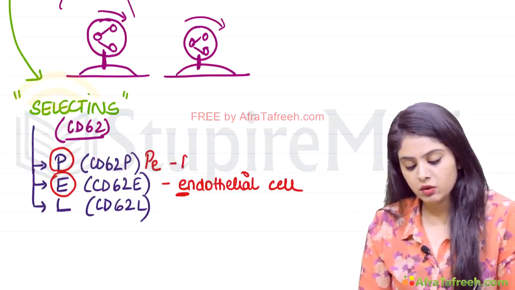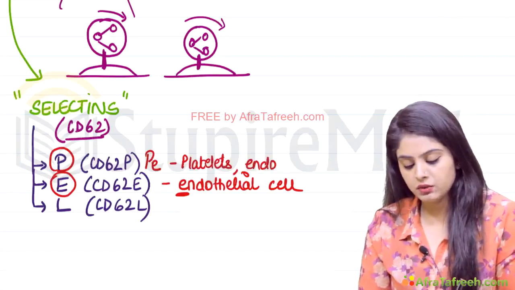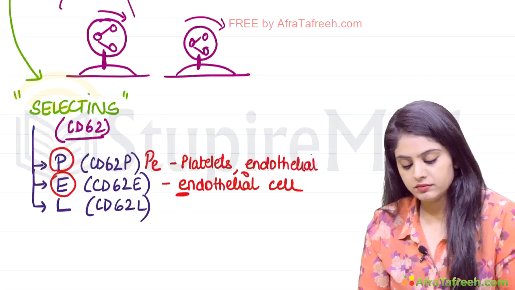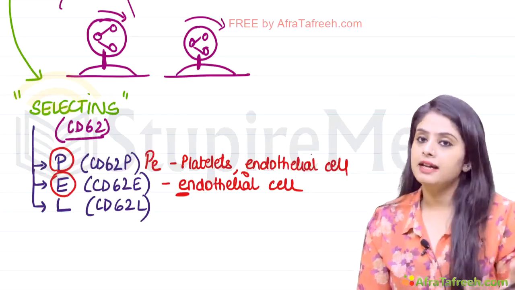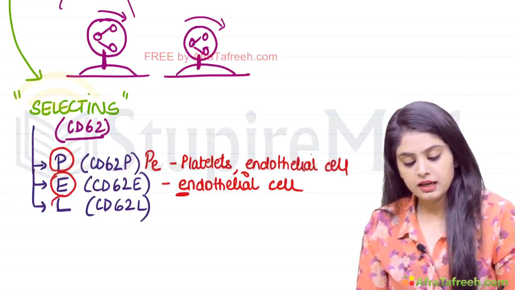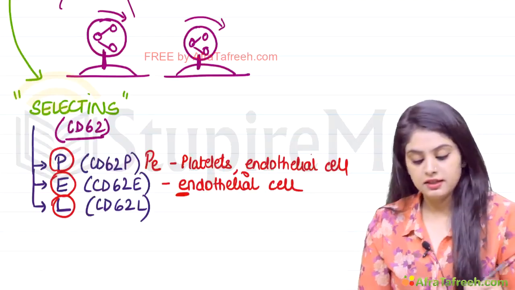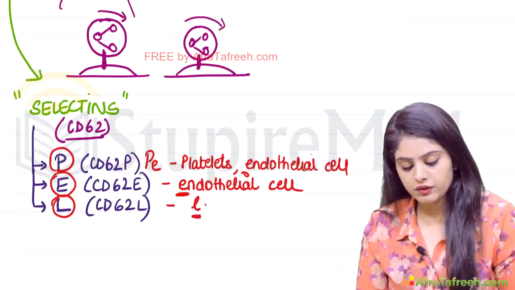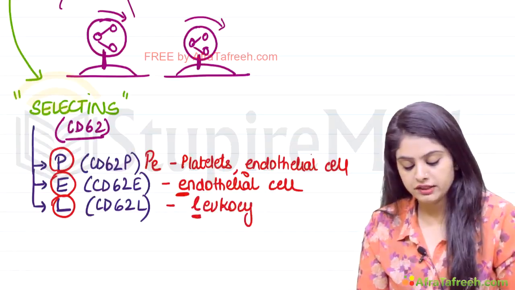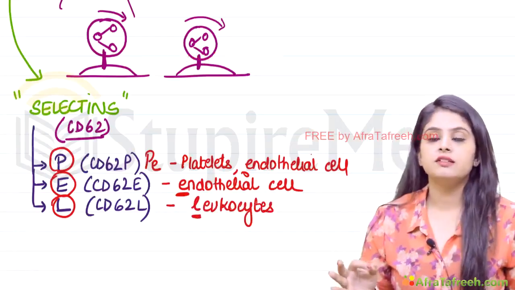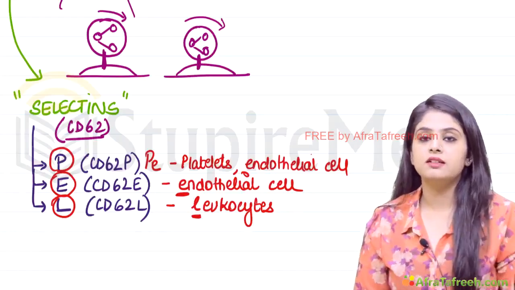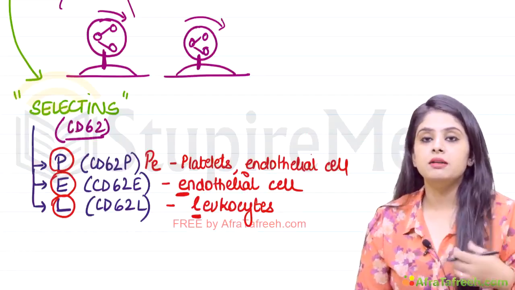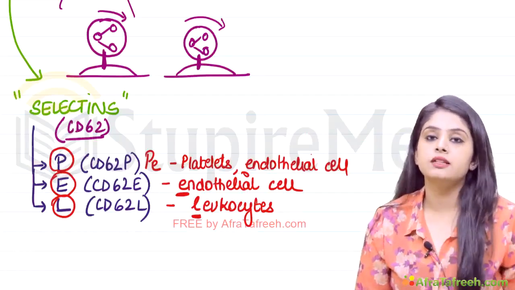So this is present on the platelets as well as the endothelial cell. The last one that we have is L. L-selectin is present on the L for leukocytes. So three selectins and their location is simple to remember from their name. E, endothelial cell. P, so the way you say P, PE, platelet and endothelial cell.